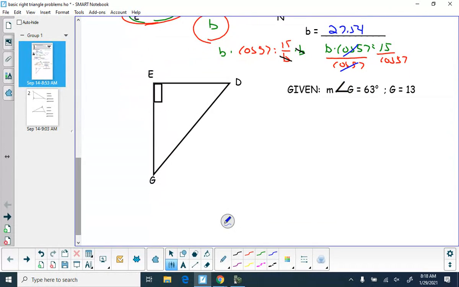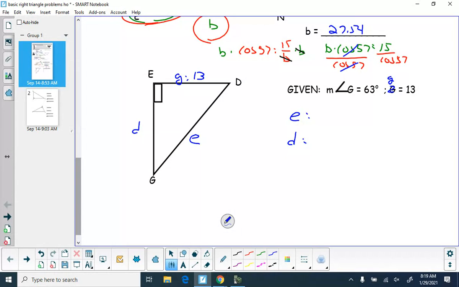All right, let's see here. This should be a little g. So I want to find E and D. Okay, label your triangles. We have E here. Opposite big D, we have little d. Opposite big G, we have little g.